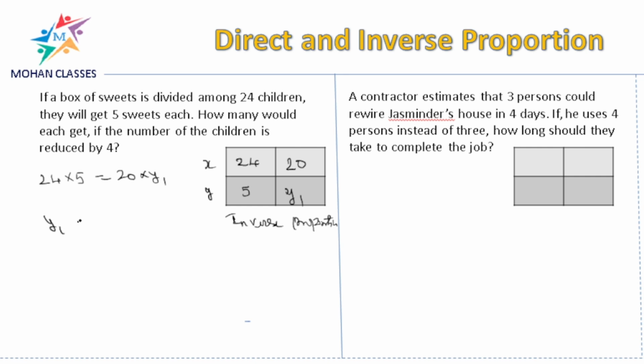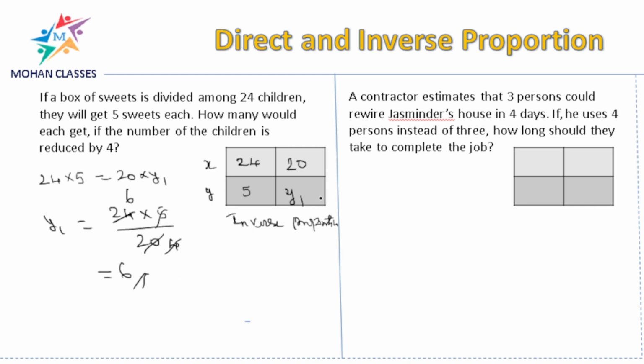Therefore y1 is equal to 24 into 5 divided by 20, which is 6. So here y1 is 6 sweets. Each student will get 6 sweets, because the number of children has reduced, so the quantity given to them increased. Clear? So 6 is the answer for this.